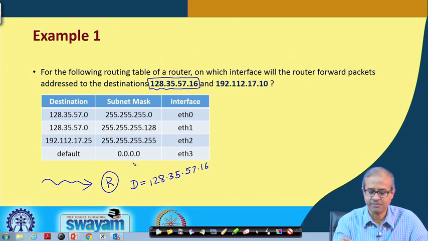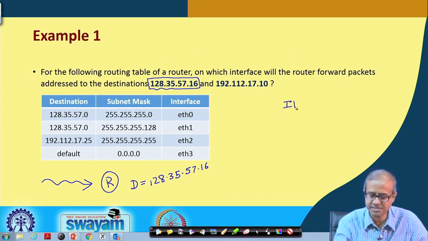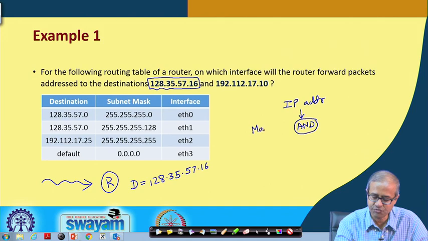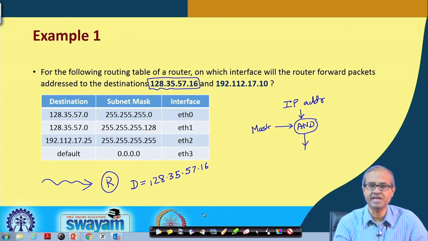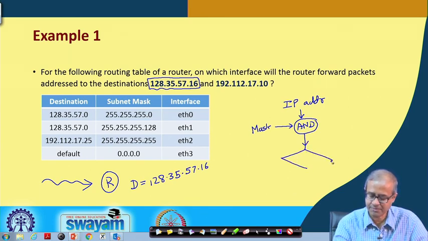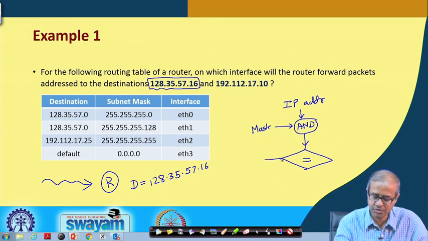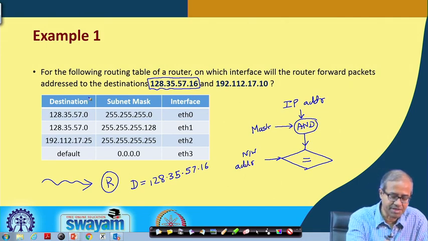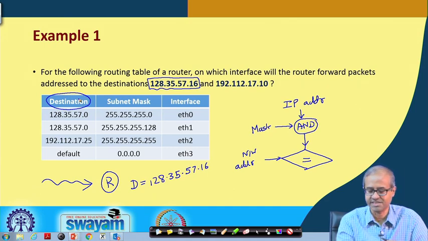The rule is as follows. With the IP address, we do a bit by bit AND with the subnet mask specified, and whatever you get after doing this ANDing, we compare to see whether it is equal to the network address or the host address specified in the routing table, in this destination field.